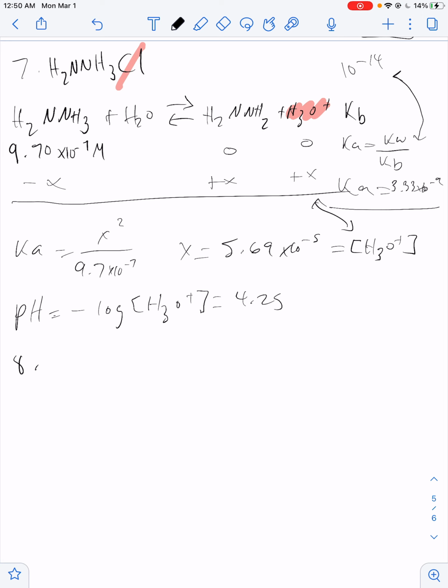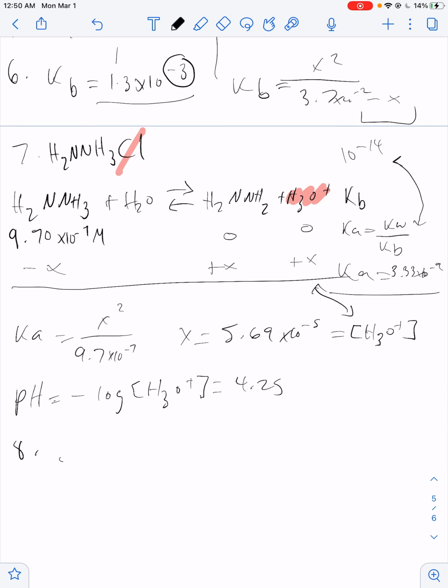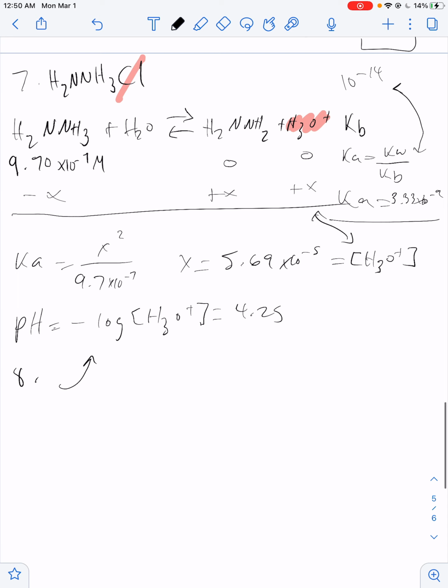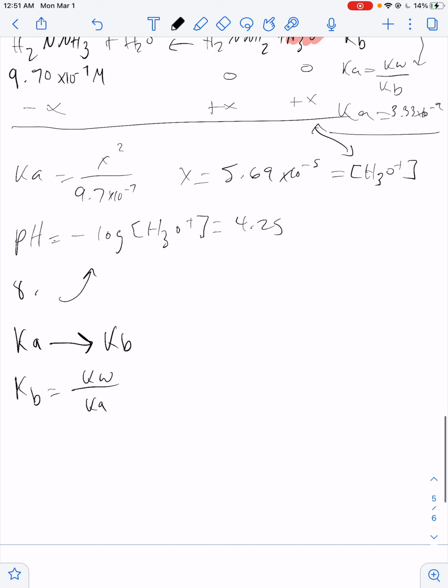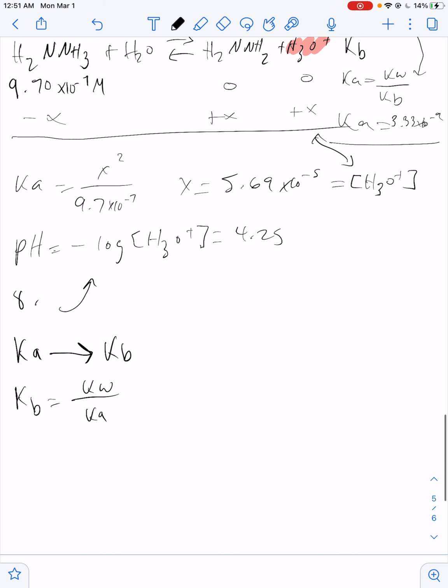Number 8 is the exact same as number 7, except you are given Ka, and you have to turn that into Kb, and that's Kb equals Kw over Ka. And then it's asking for the pH.